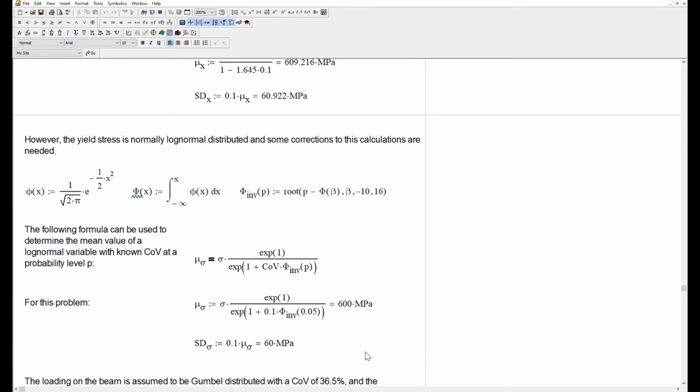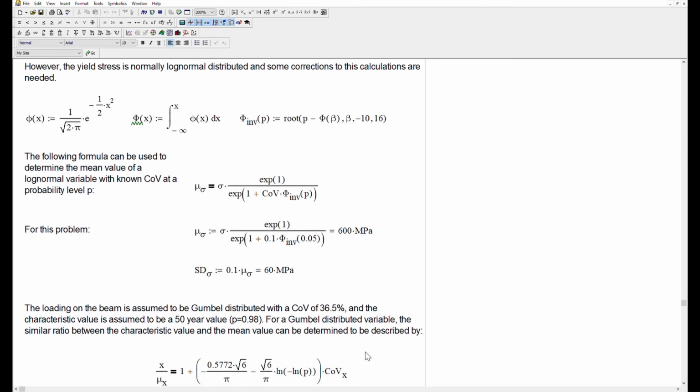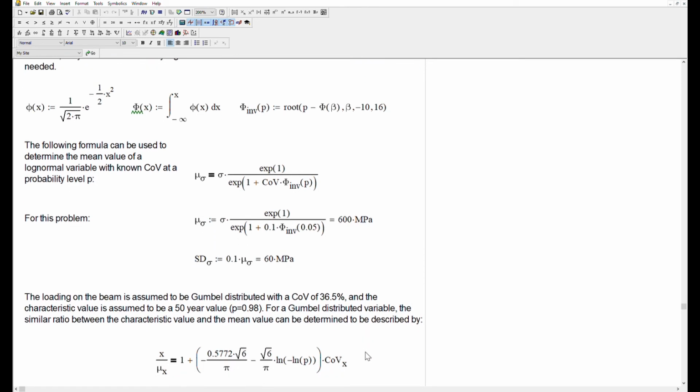The next parameter is the loading, and if we, for example, assume that to be Gumbel distributed with a COV of 36.5% and a characteristic value assumed to be the 50-year value, or the value with a probability of 0.98, a similar ratio between the characteristic value and the mean value can be determined and described by this formula.